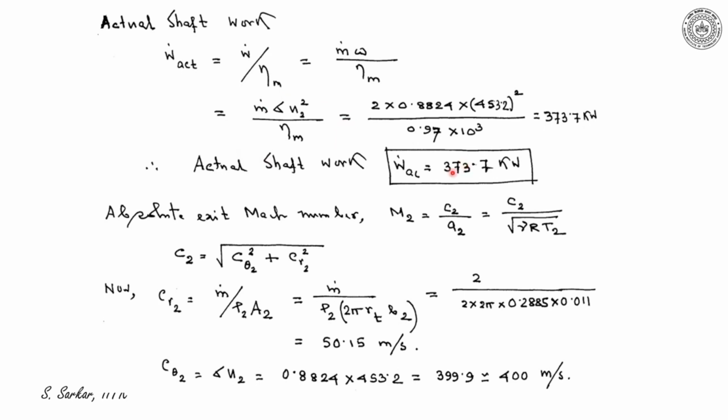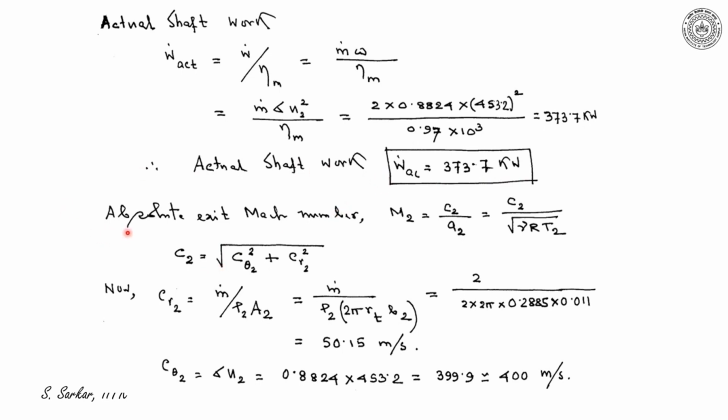Thus, put all the values: 2 into 0.8824 into 453.2 square divided by 0.97, divided by 1000. That means we have converted to kilowatt. So W actual, that means actual shaft work, is 73.7 kilowatt. So this is another answer.